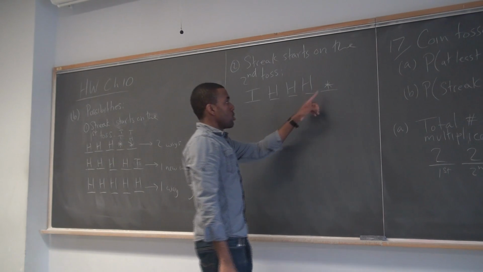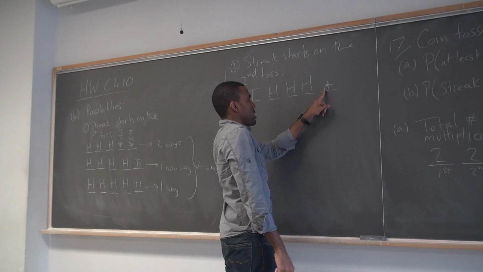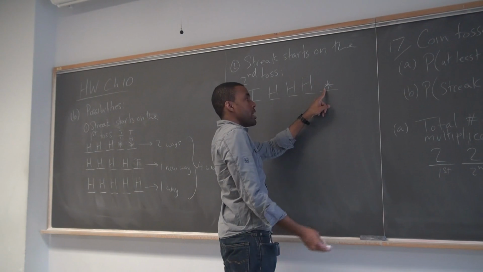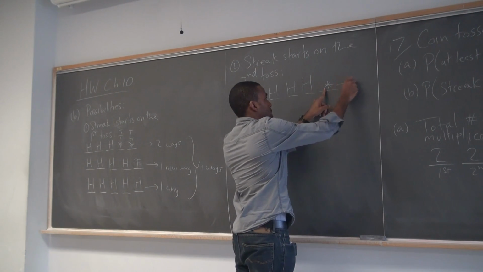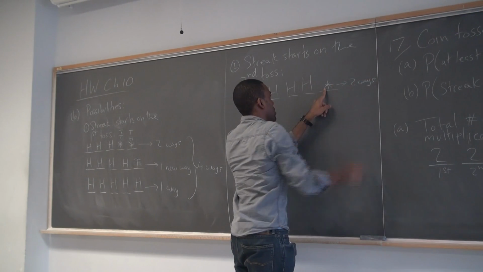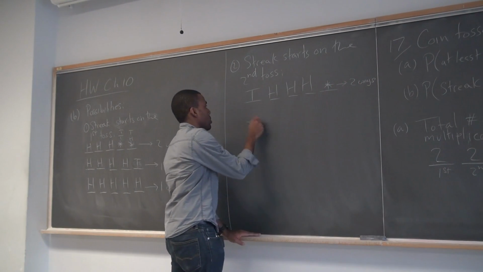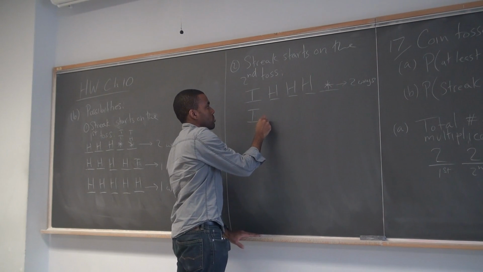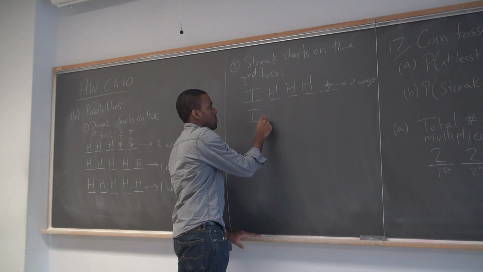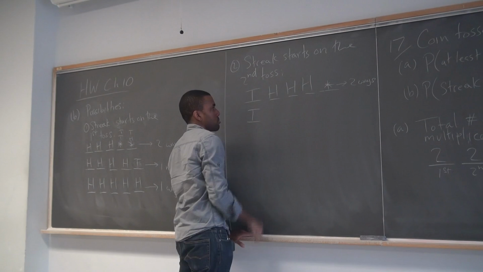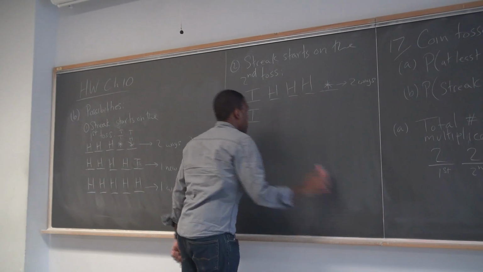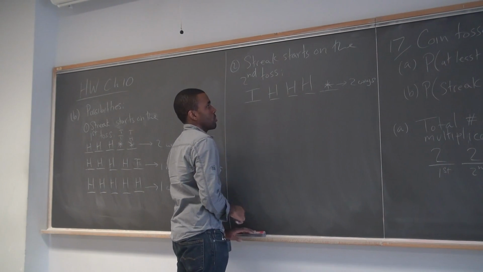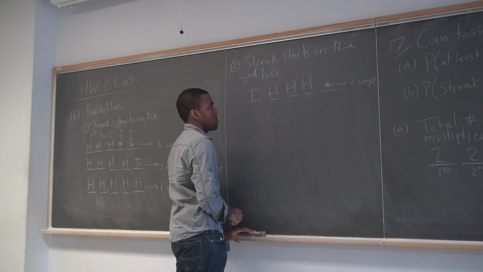There are 2 ways this can happen. I can have either a tail here or a head here, and I still have it, so there are 2 ways. Only 2 ways. We don't really have anything else. Do you have anything else? No, right?